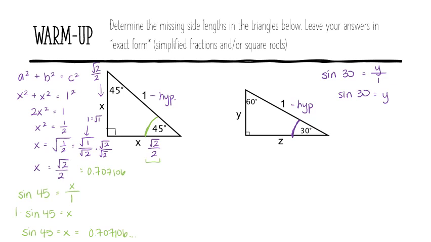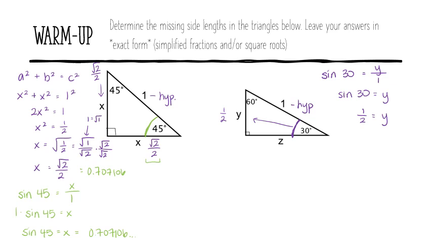I think we will soon though. If I plug that into my calculator, you're going to notice that we get 0.5. Now I'm going to write that as a fraction. 0.5 as a fraction is just 1/2. So across from our 30-degree angle, we're going to have 1/2. Y is equal to 1/2.